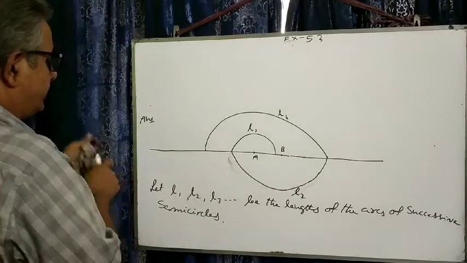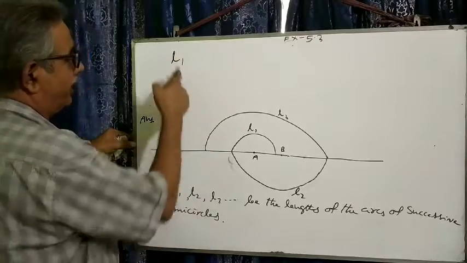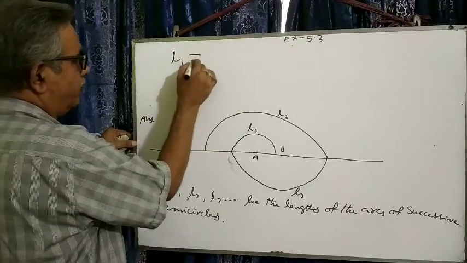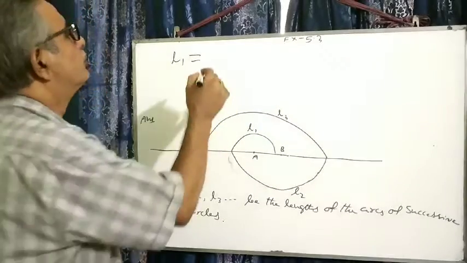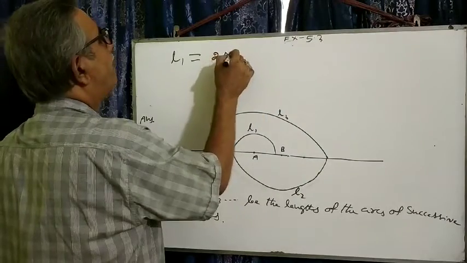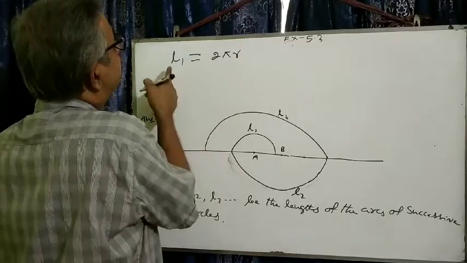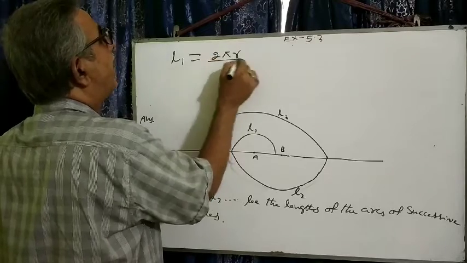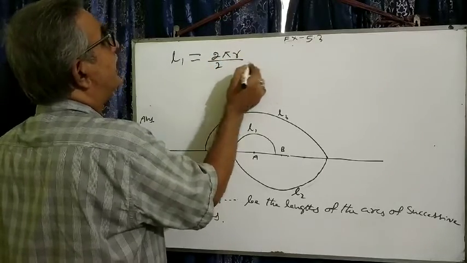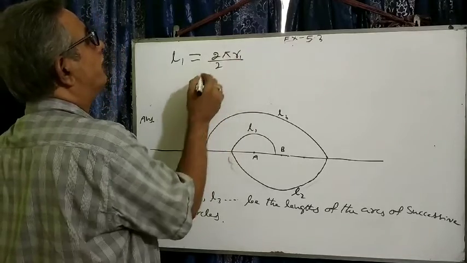You calculate L1. The circumference of a circle is 2 pi r, but it is a semicircle, so here half of 2 pi r. Instead of r, I am writing r1.